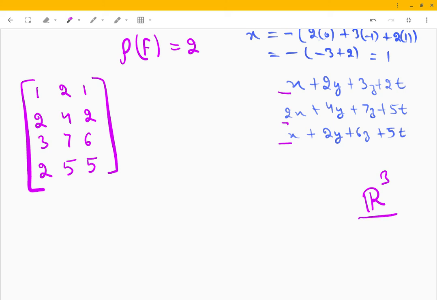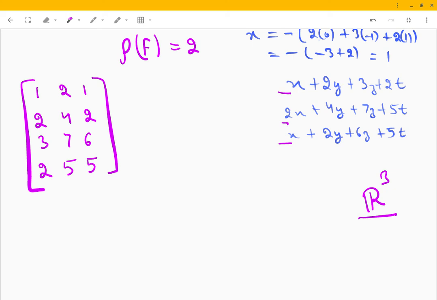Codomain is 3-dimensional, but our range is just 2-dimensional, because two of the other vectors are mapping to 0 from the domain. Okay, I think what I said just now was a little confusing, so just ignore it.